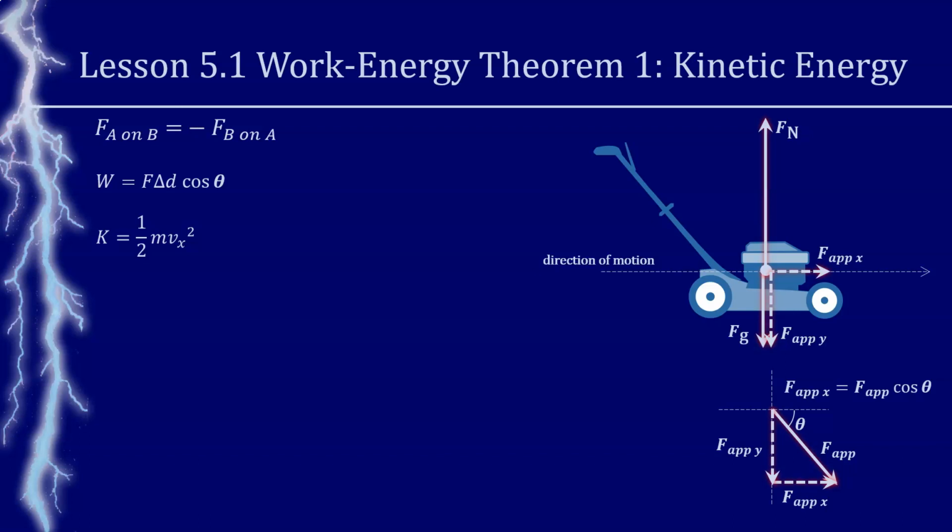Like notice that the normal force is perpendicular to motion? Well, if I were to try to find the amount of work being done by the normal force, I would have to include the cosine of 90 degrees, and the cosine of 90 degrees is 0. Any force that's perpendicular to the direction of motion can't do any work because it's not pushing in any amount in the same direction as motion.